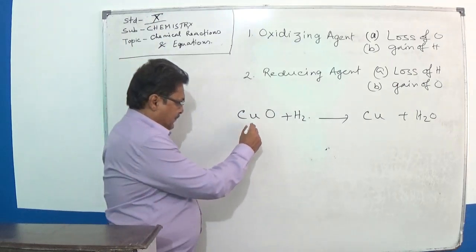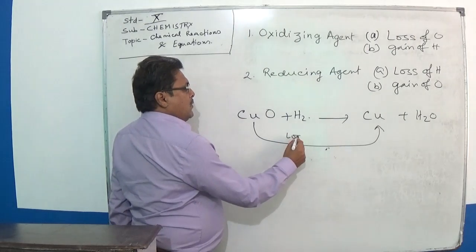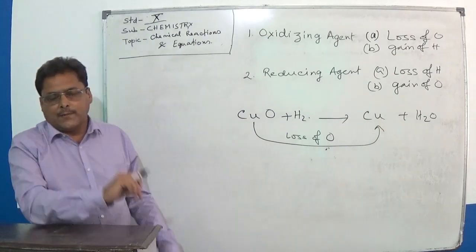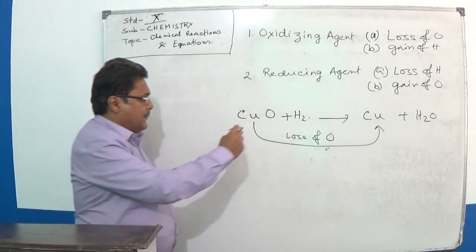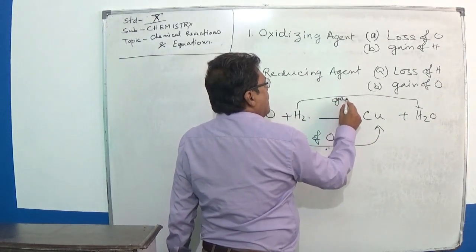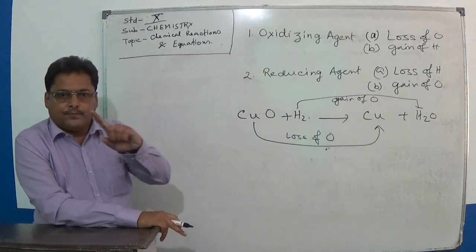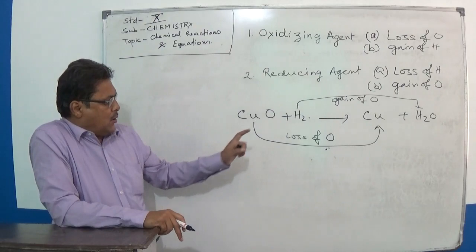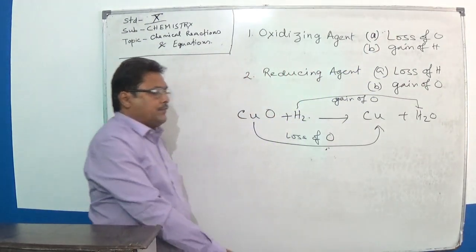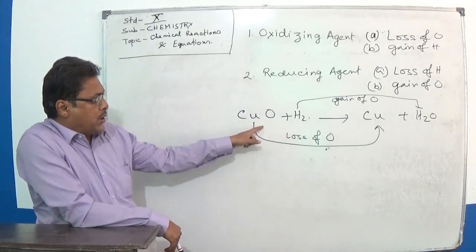You see, what happens here? Copper oxide has lost an oxygen, and hydrogen has gained an oxygen. Copper oxide has lost an oxygen, so it has been reduced.